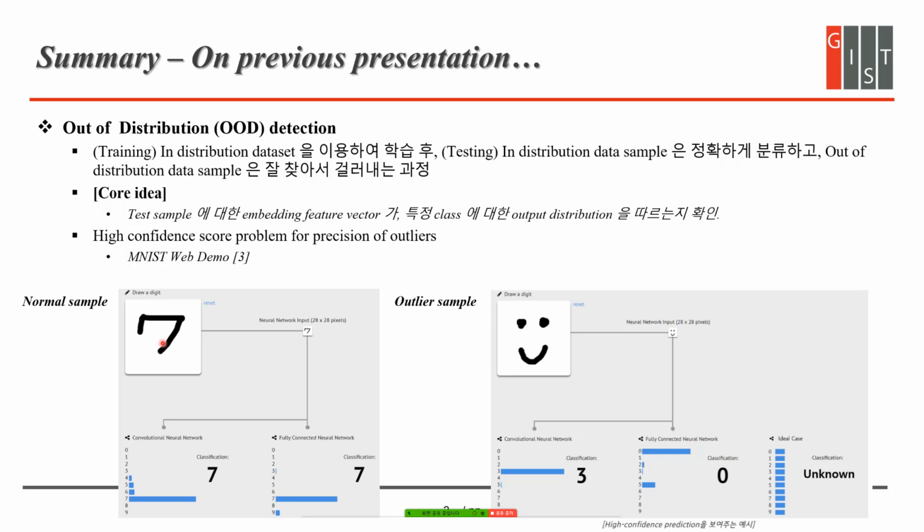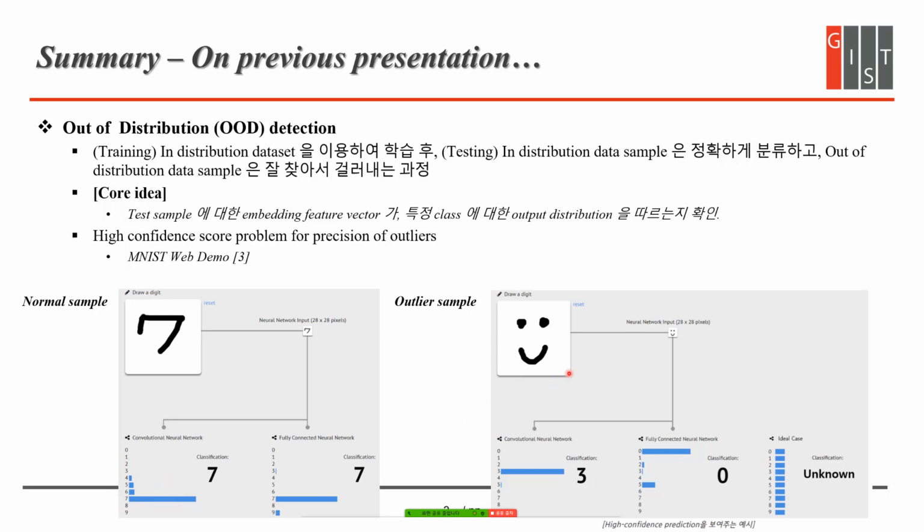The MNIST dataset is organized from the numbers 0 to 9. If we draw a 7, the 7th output node has the higher value in the output of the model.